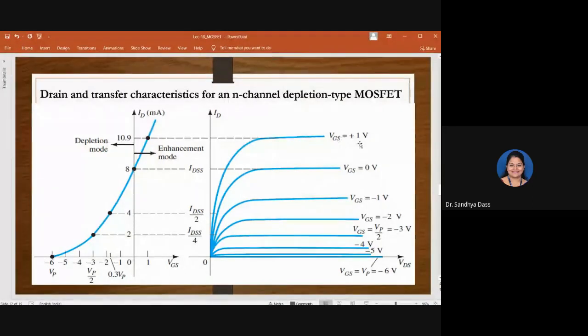So if you further increase, say VGS equal to plus 2 volts, maybe the level would have been somewhere here. Typically, the positive voltage applied across the gate should be cautiously taken into consideration, because there will be a significant increase in the drain current.